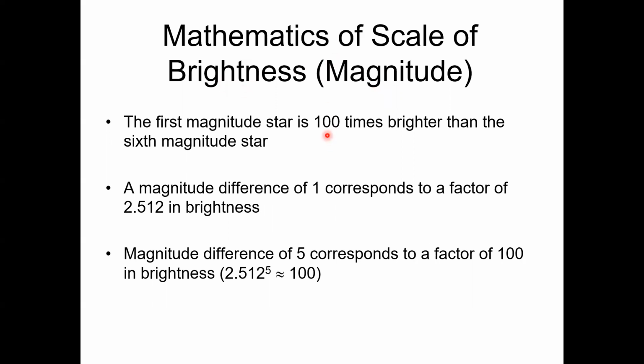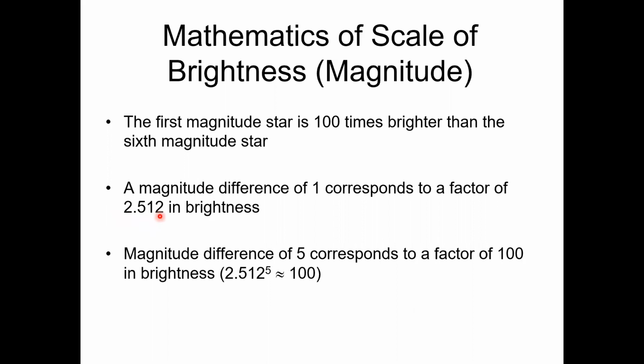Now the 100 came because it's a nice number, right? But the actual difference between two nearby magnitudes, say magnitude 1 and 2, or 2 and 3, or 3 and 4, or -1 and -2, on any two scales in magnitude, if you look at what sort of a difference in brightness it is, is about 2.512.